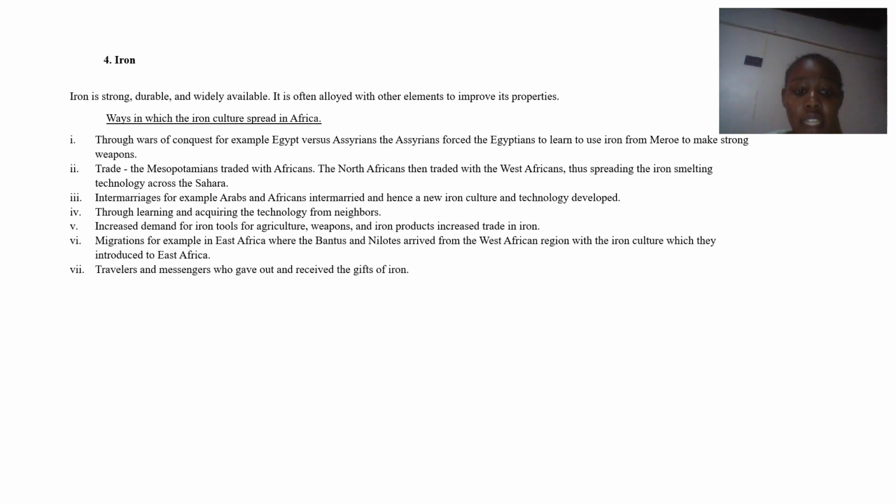Then travelers and messengers who gave out and received gifts of iron. When you were sent with a message, that was one of the earliest forms of communication, and if you delivered the message in the right way, or your message was accepted, you could be gifted an iron tool.